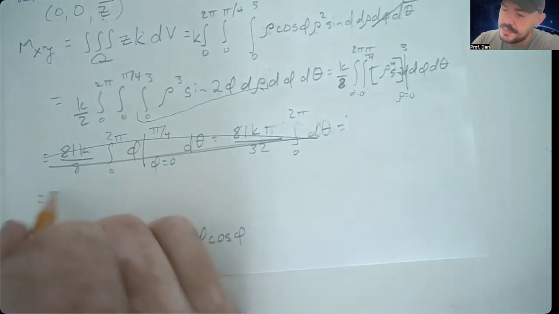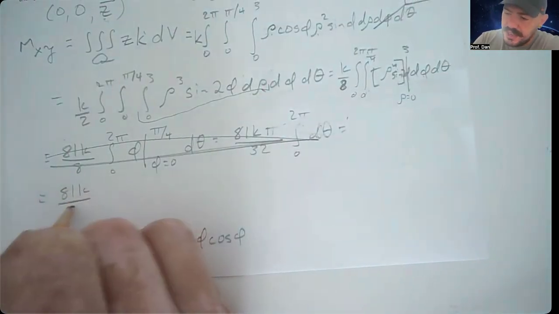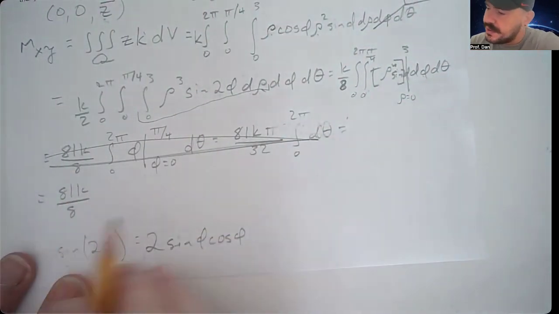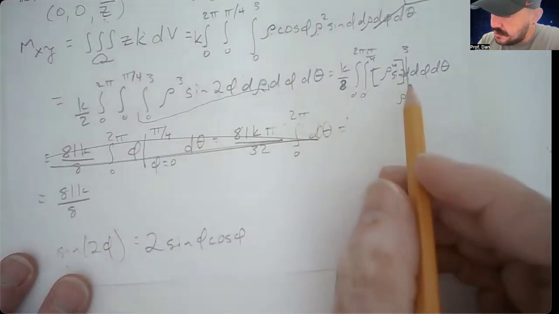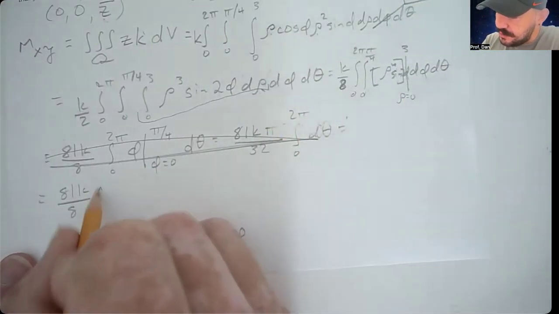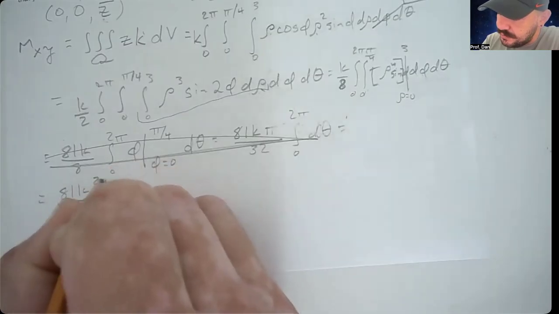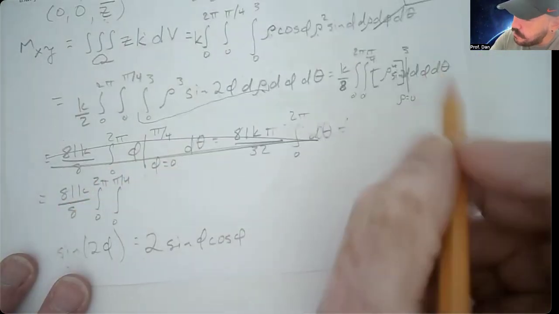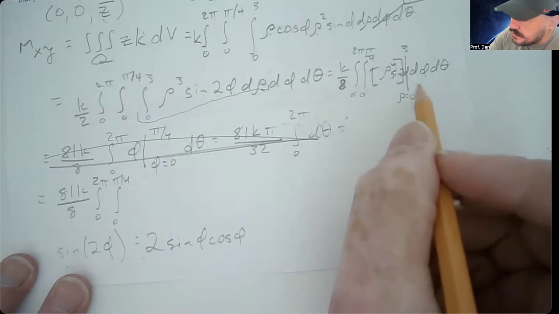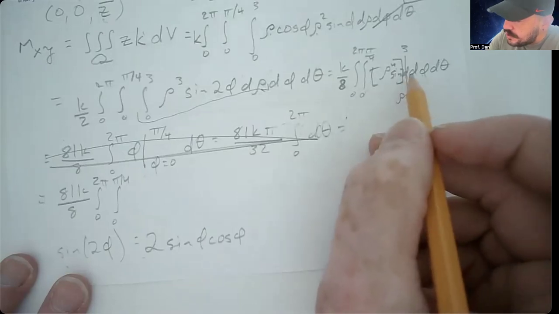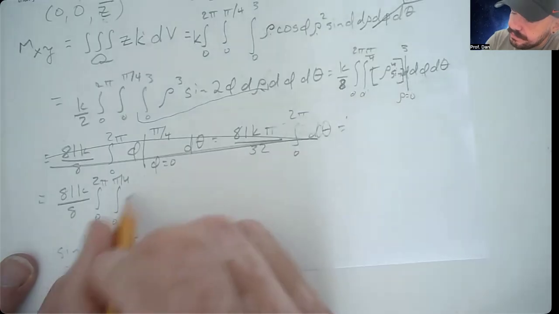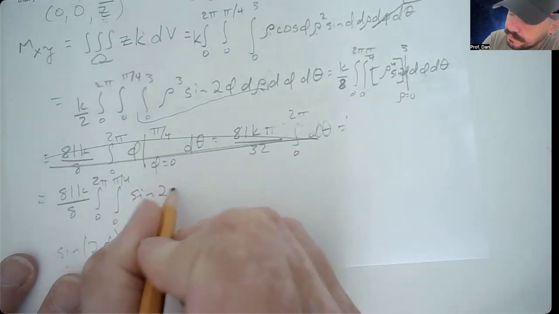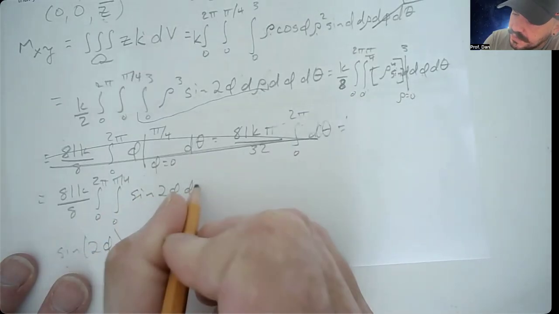Yeah, so we're going to end up getting our 81k over 8. All right, but this time we're taking the integral of sine of 2 phi d phi.